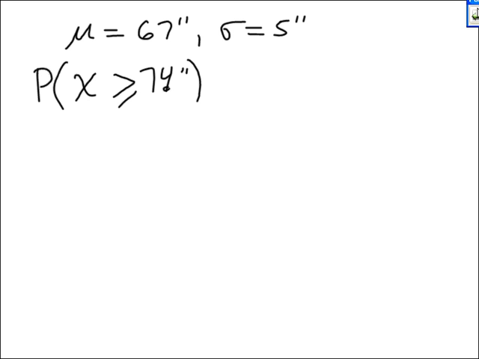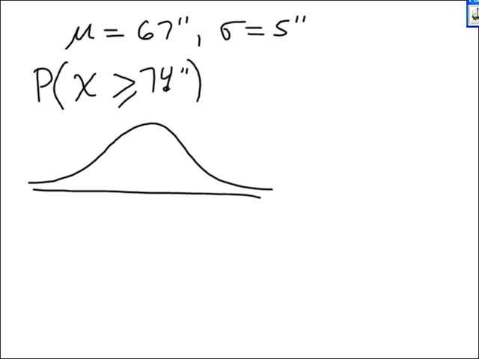Since it's normally distributed, we draw our famous bell curve. The mean is 67. The height we're concerned about is 74 and above. Even if it didn't say equal to 74, I would have said 74 and above.